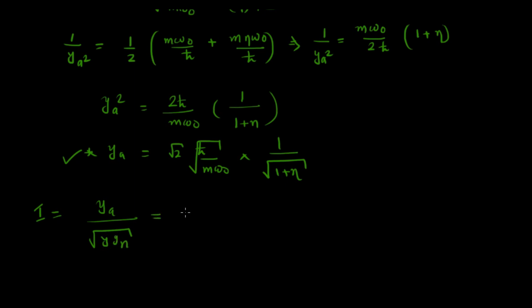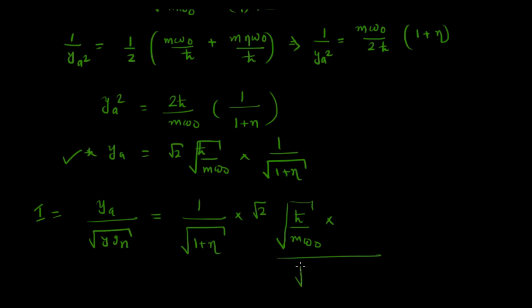This is 1, ya is 1 over square root of 1 plus eta times root 2 into square root of h cross by m omega naught, divided by square root of yn, that is square root of h cross by m omega naught into root eta raised to 1 by 2, right?